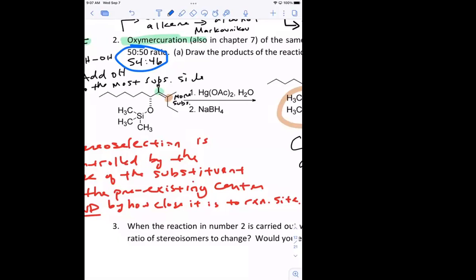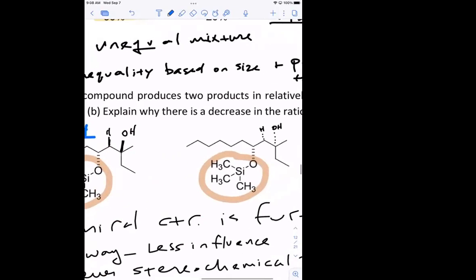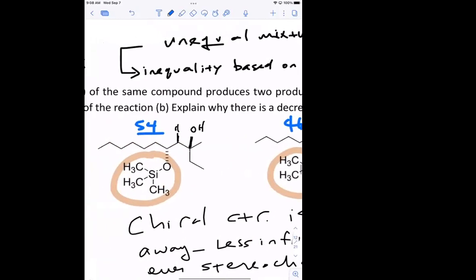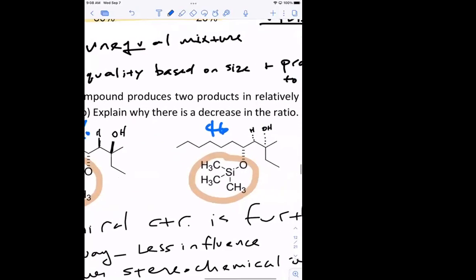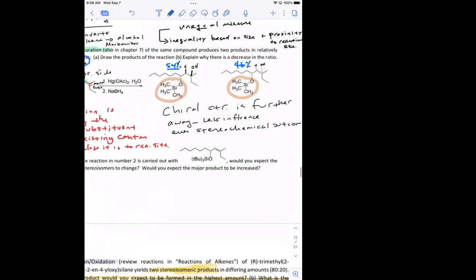But when we say 54 to 46, one of those is favored. So we're going to say that this is favored. And this is 46%. So which number is going to go up in this case if we make that group bigger?